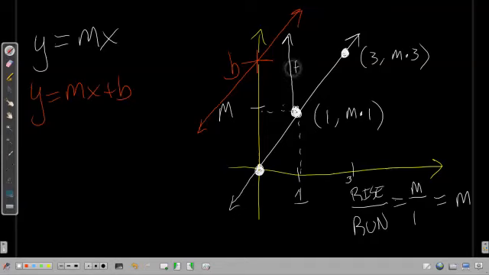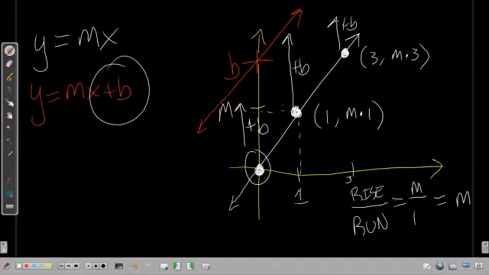This point would move up by b, and this point would move up by b, and this point would move up by b. And every point on the white line would become a point on the red line if only I would add b.